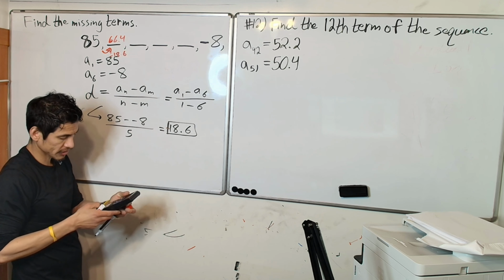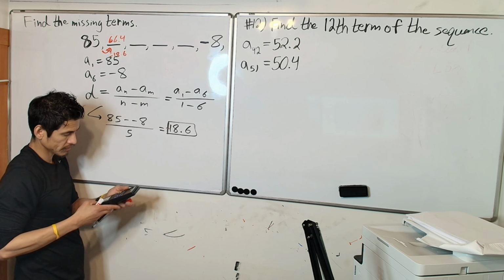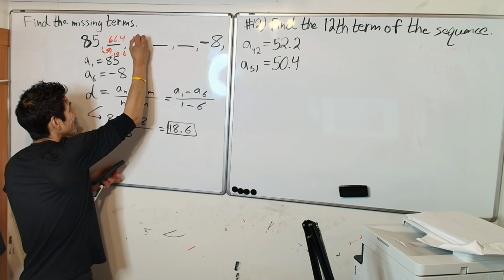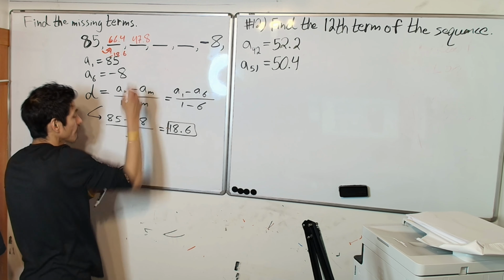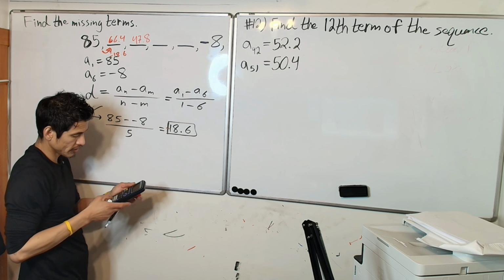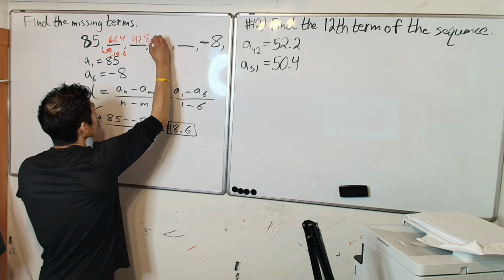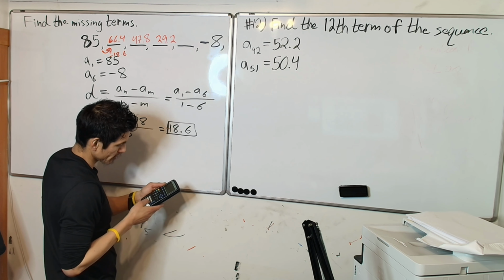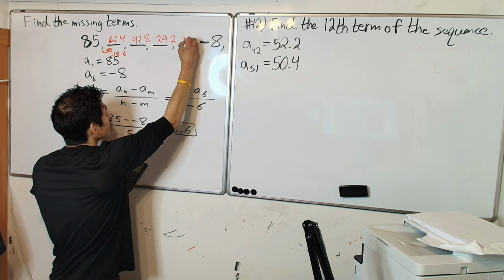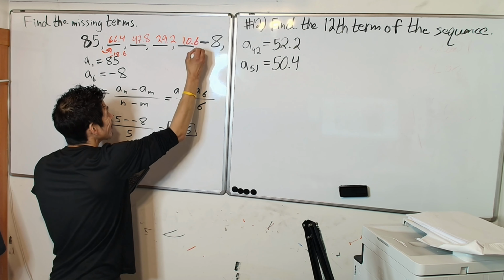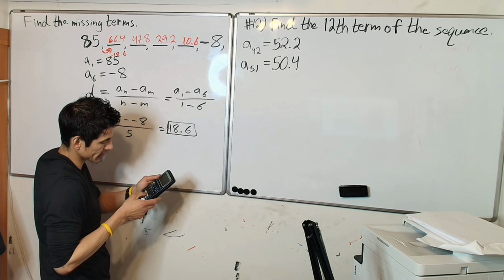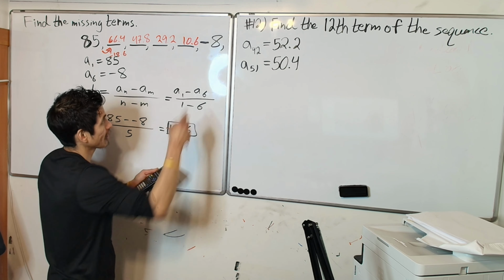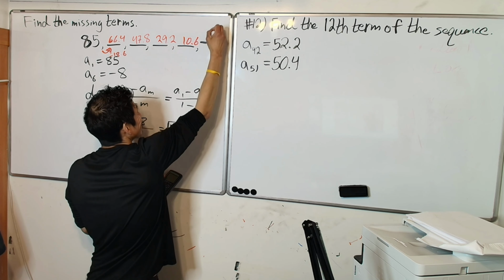Take away 18.6, 47.8. Take away 18.6, 29.2. And take away 18.6, 10.6. And let's just double check to make sure that is what happens when you take away 18.6. Yeah. So we're good.